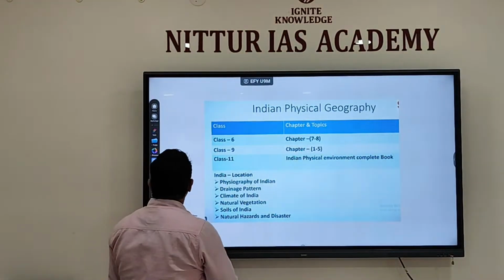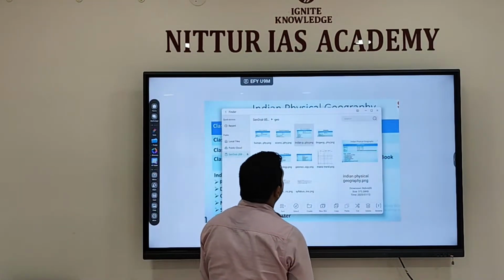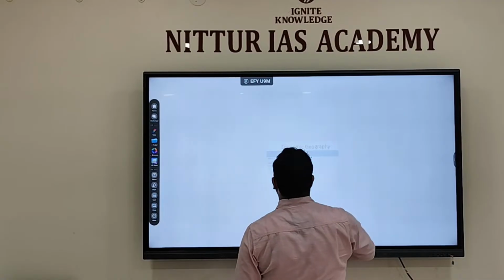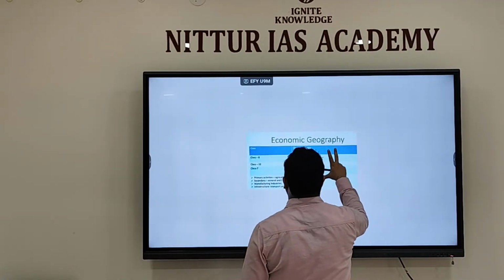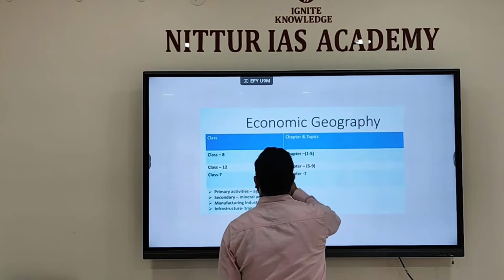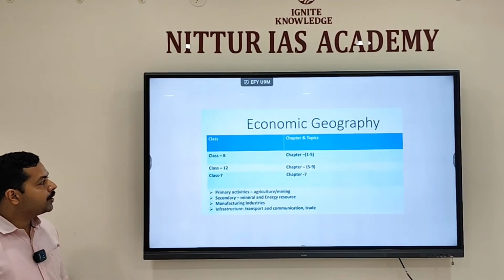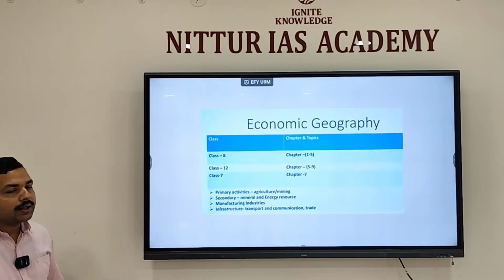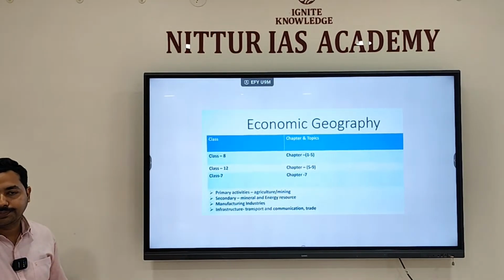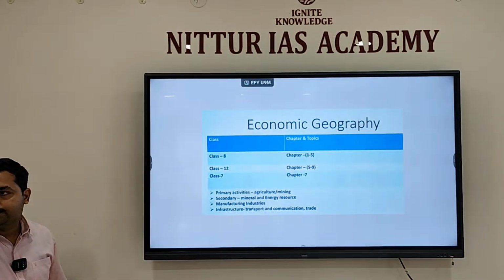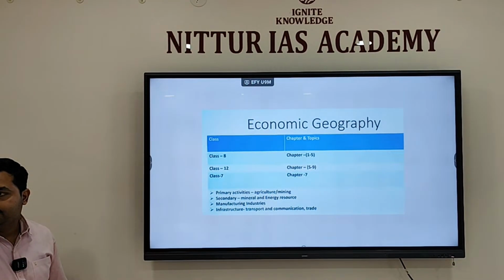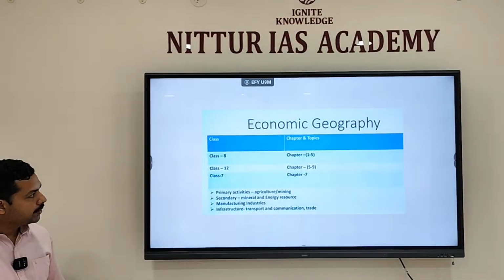Then for economic geography, you cover these chapters. Class 8, chapter 1 to 5, class 12, chapter 5 to 9, and class 7, chapter 7. Economic geography, you have to cover these chapters.